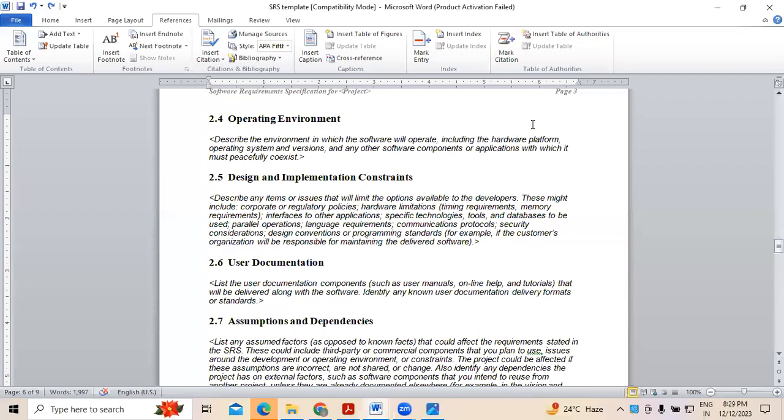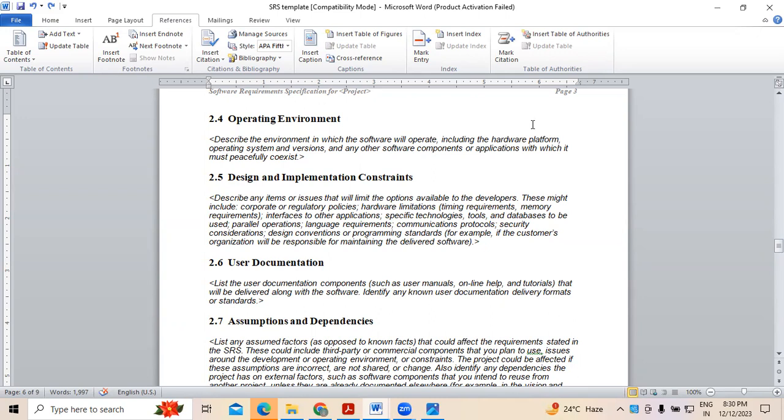We also interact with the client team for this. Based on the interaction we had with the client team, we come to know what could be the design and implementation constraints. Everything will be known to us well in advance. This is where all these things come into the picture.